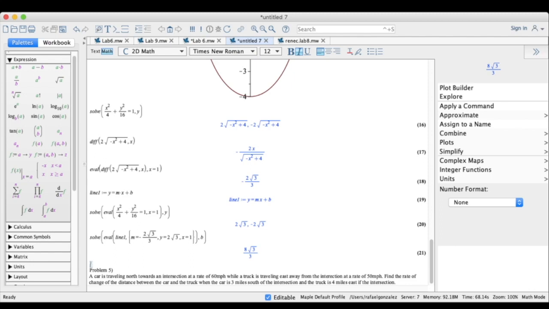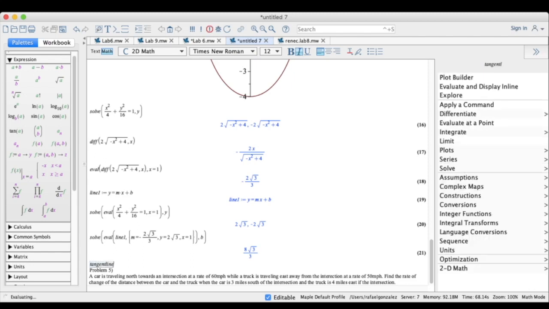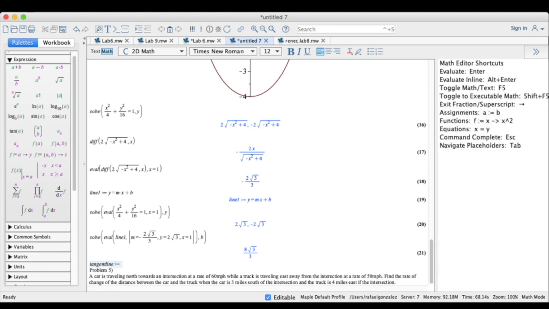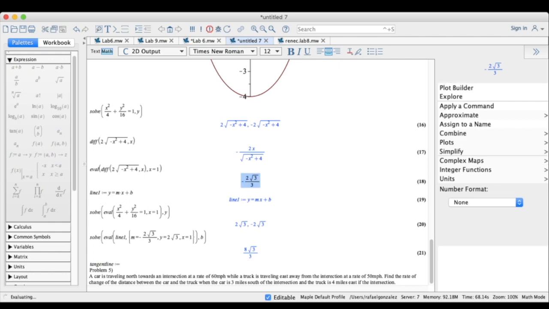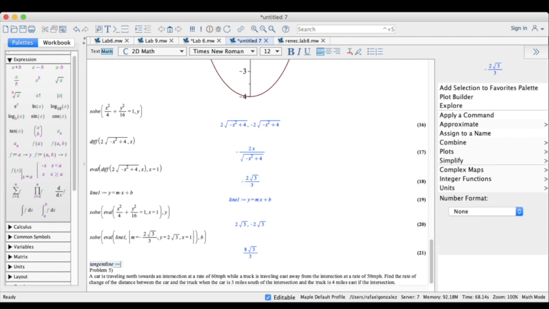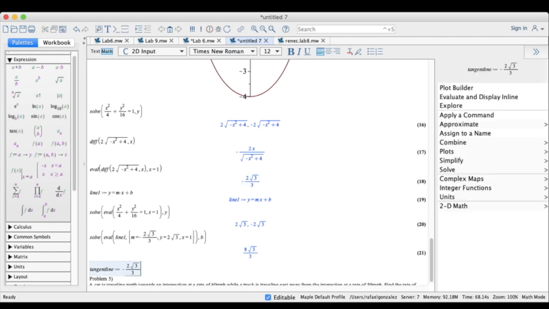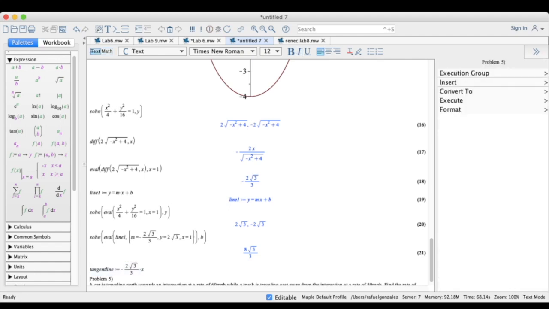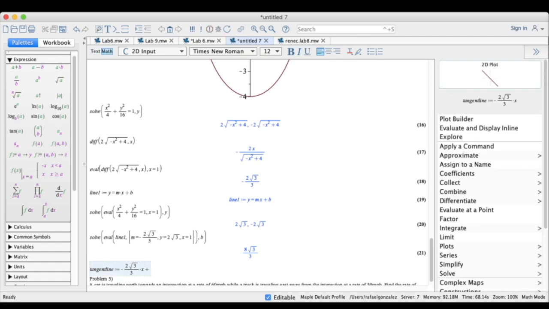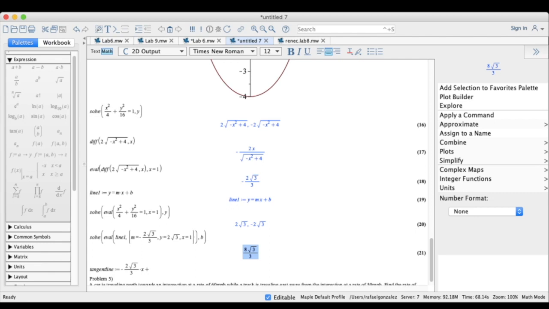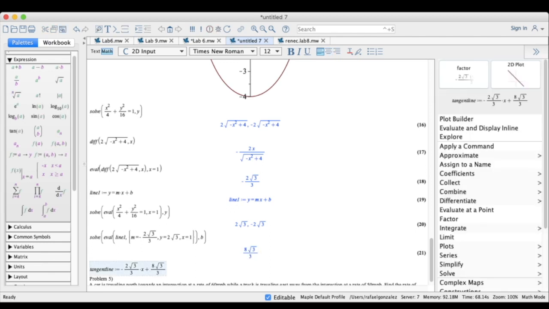So now we have that the tangent line equals, well, what was the slope? The slope was this value up here, right, times x plus b. And b is this value right here. So we have the first tangent line here.